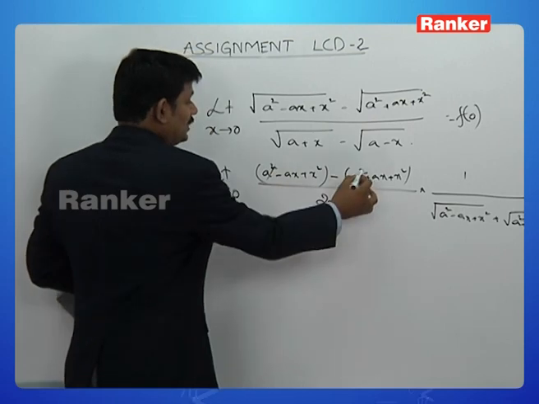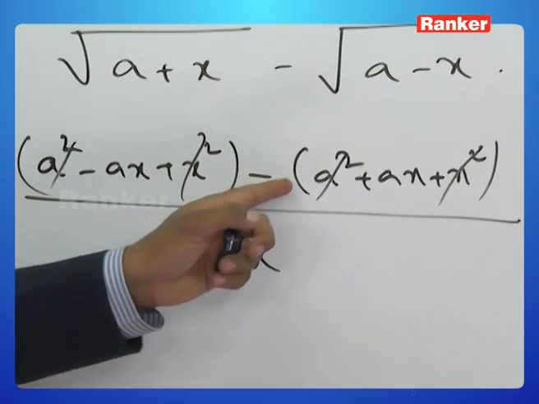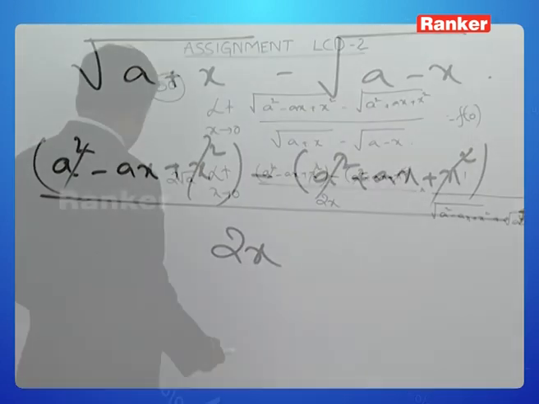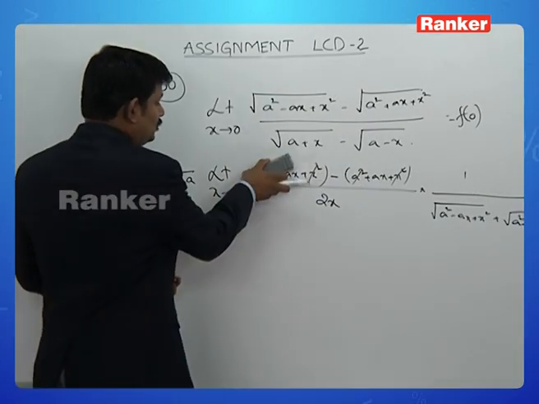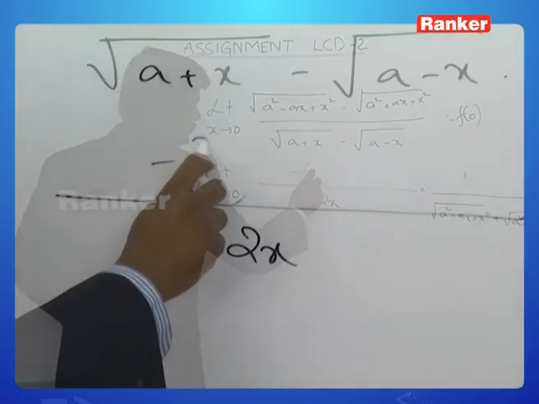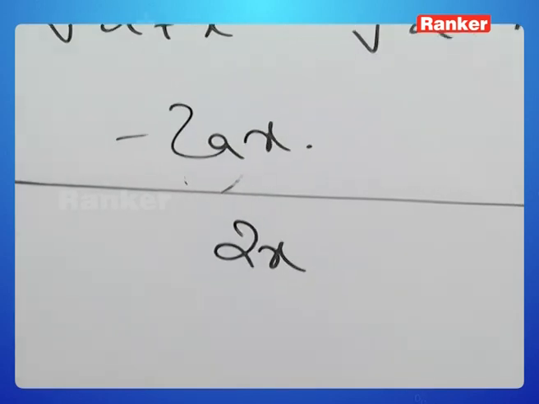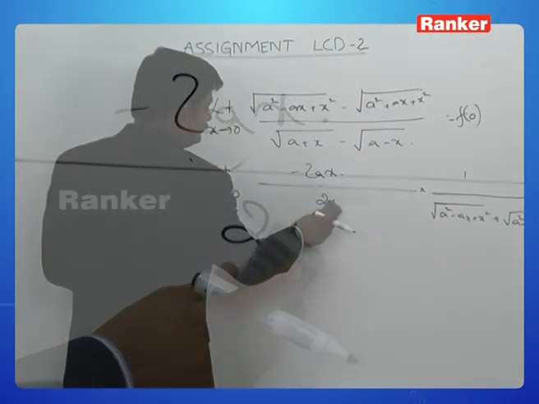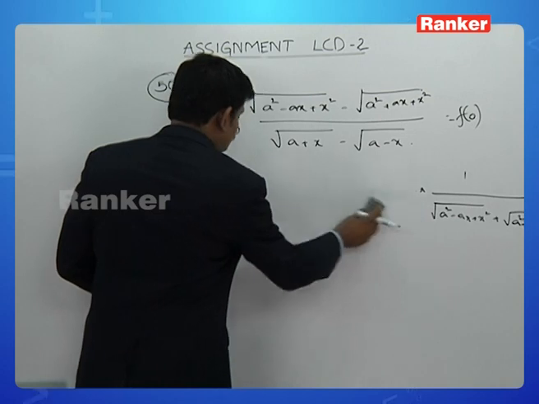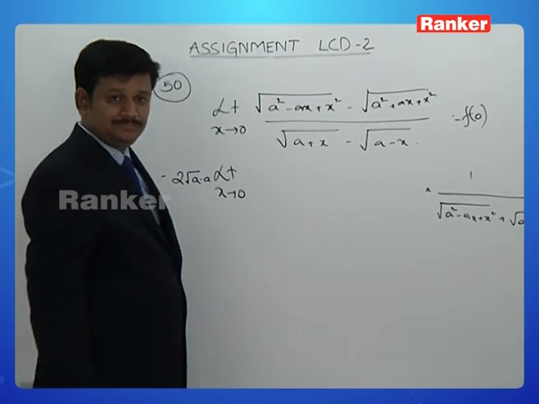The a square and x square get cancelled, and minus ax is minus 2ax. So the numerator is as simple as minus 2ax, of which 2x gets cancelled and we are left with minus a, and this minus a can be written outside the limit.